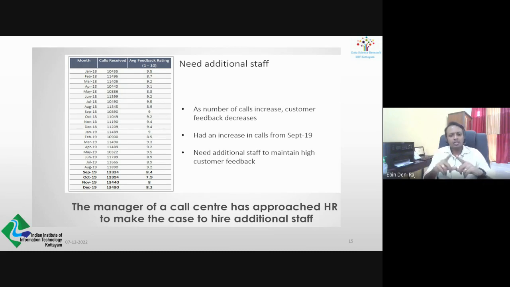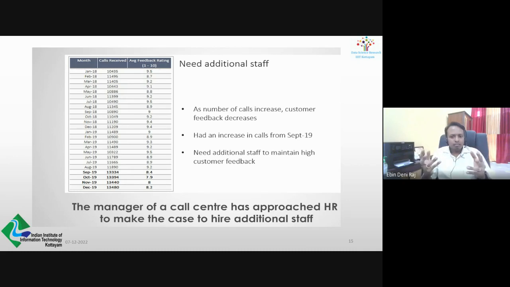So what you see on the slide is the manager of a call center. Maybe imagine that he has approached HR to make the case to hire additional staff. If you review this data communication, does the author communicate effectively? Ultimately, it's a table.